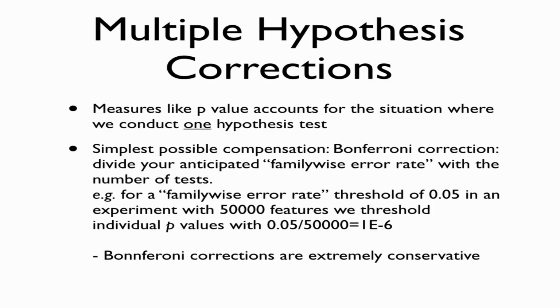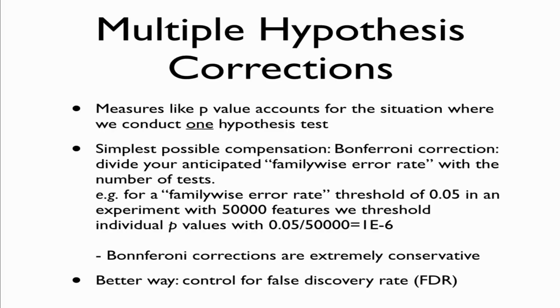So we have to literally make an experiment that's once in a million. Now you should also stress that Bonferroni corrections are extremely conservative, so one should be a little bit careful when using them.